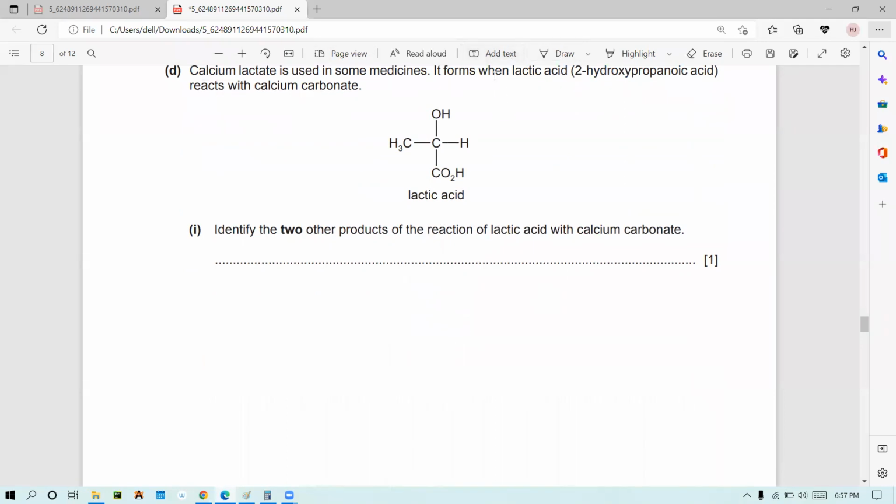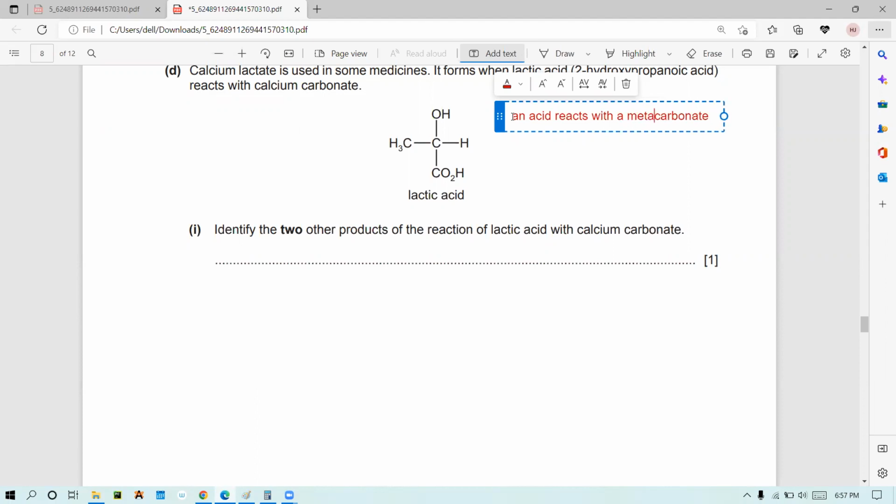Okay, one thing you must know is when an acid reacts with the carbonates, I can write the metal carbonate, it's more precise then.